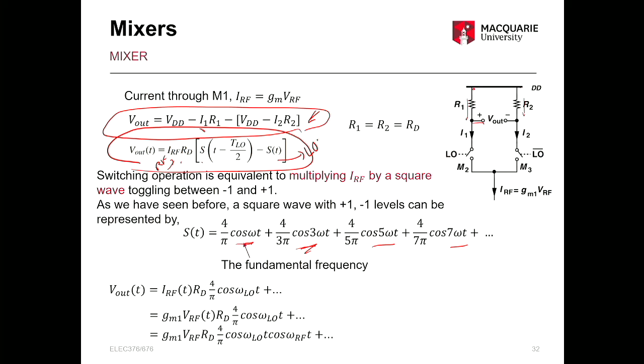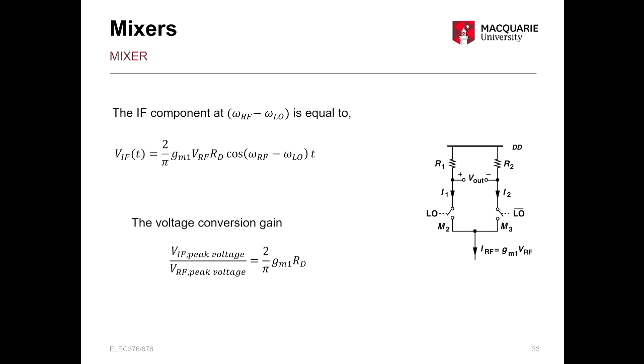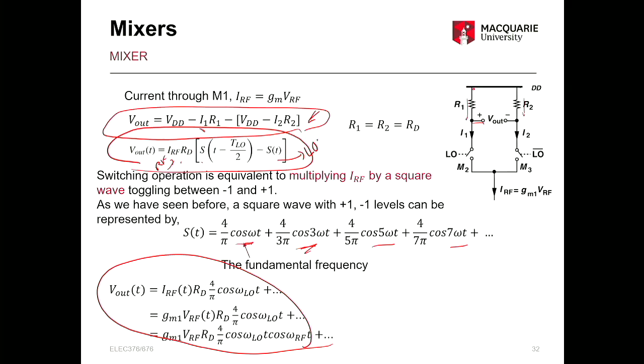So that'll give us this component. You can work it out yourself on paper. It's all here. Nothing difficult about it. Just need to be careful when you multiply them.